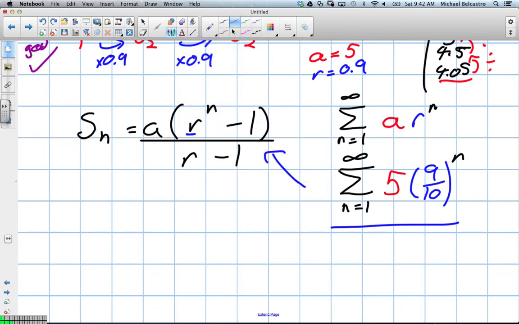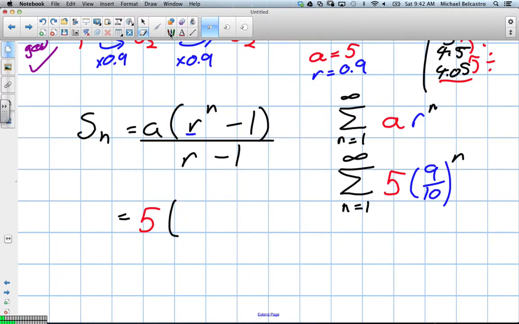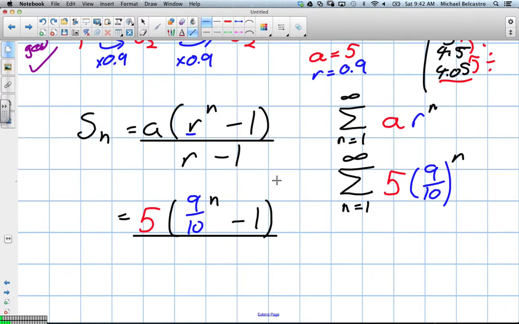So our A value, in this case, was 5. Our R value was 0.9, or 9 over 10, which I'm going to do in blue. 9 over 10 to the power of n minus 1, and all divided by R again, which is 9 over 10, subtract 1.